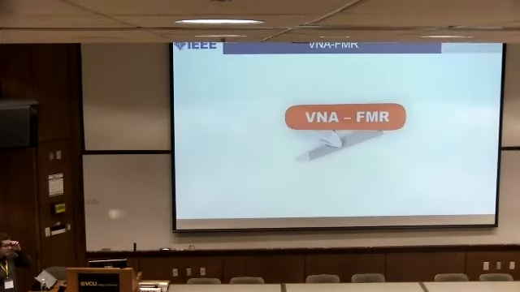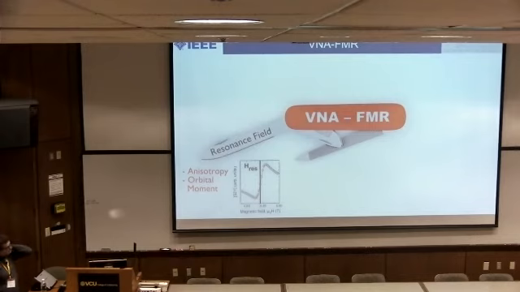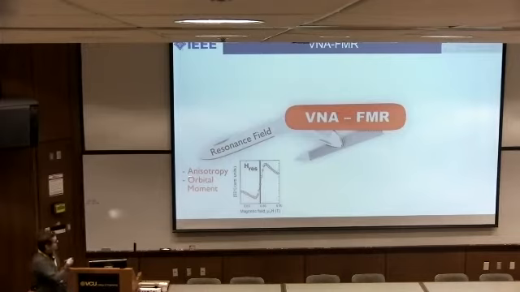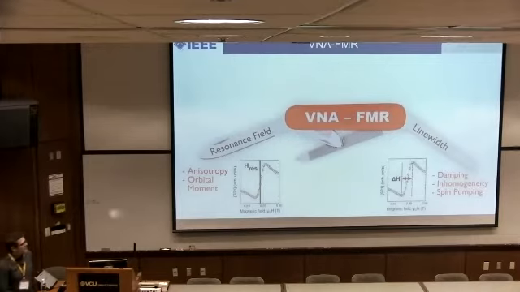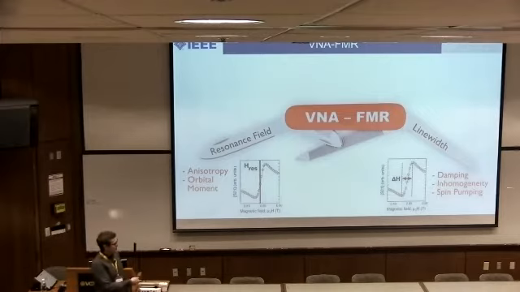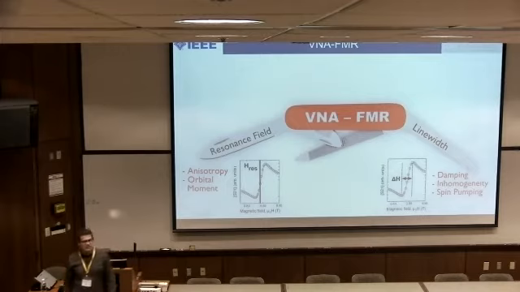And so those 4 parameters really give us information about different things. One, from the resonance field, that gives us information about the anisotropy and the orbital moment. From the line width, that tells us about the damping, relaxation processes in our sample, the inhomogeneity of our sample, and it also allows us to study what we call spin pumping or spin current generation.